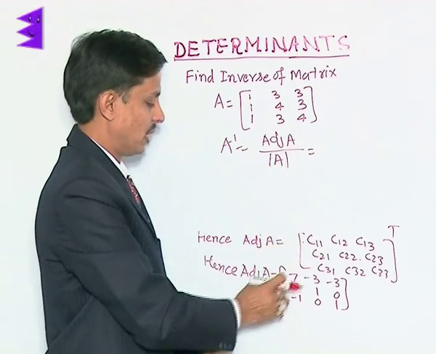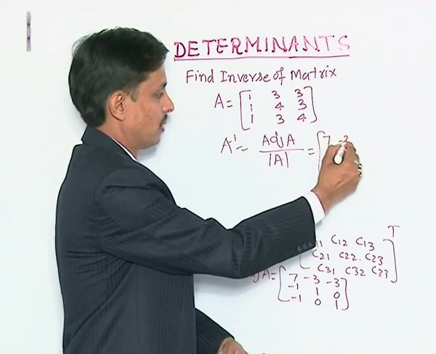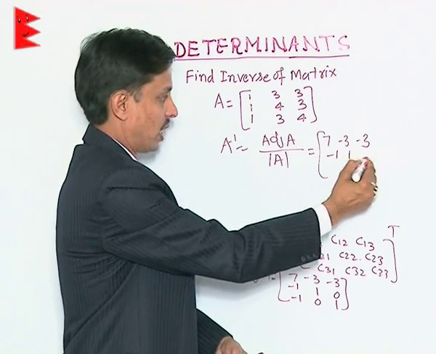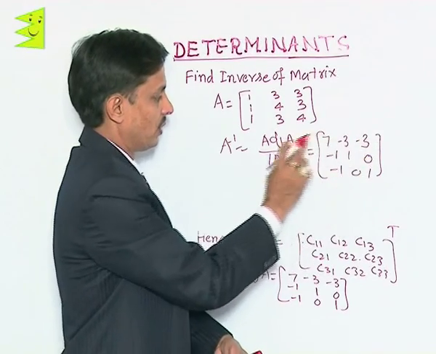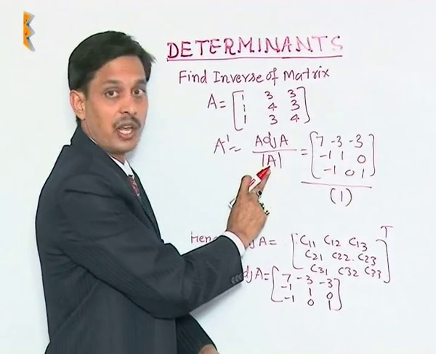So the inverse will be this adjoint, that is 7, minus 3, minus 3, minus 1, 1, 0, minus 1, 0, 1, divided by 1, because the determinant obtained was 1.